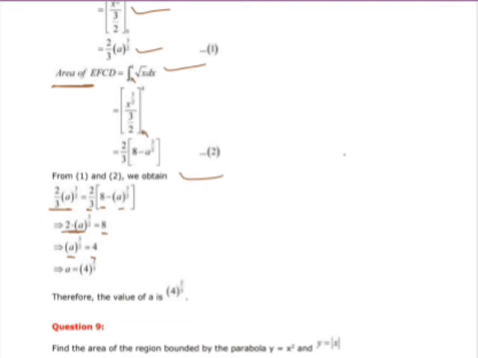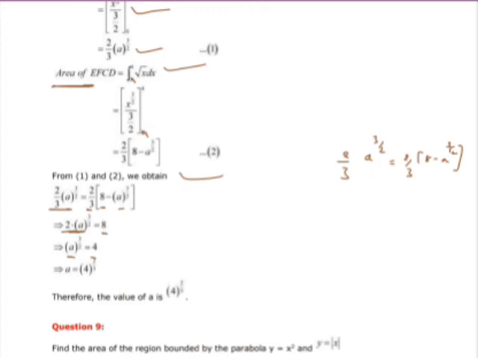Already it is a to the power of 3 by 2. So let's see once. 2 by 3 a to the power of 3 by 2 is equal to 2 by 3, per limit when you substitute, taking common, it is 8 minus a to the power of 3 by 2, right? So 8 minus a to the power of 3 by 2, it is in multiplication form.